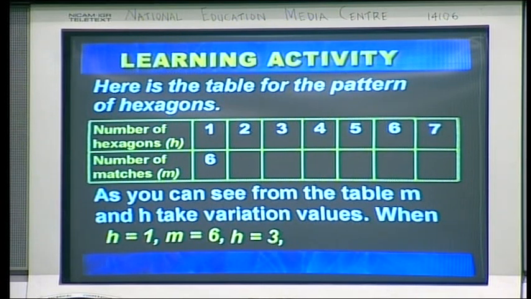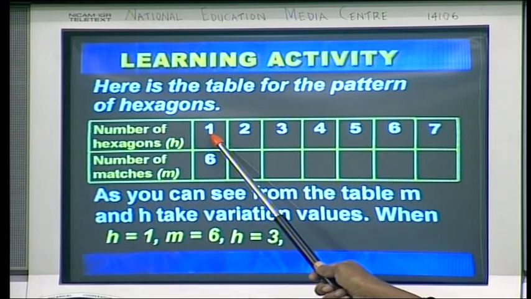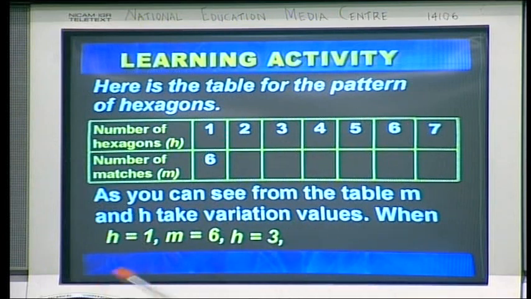As you can see from the table, M and H take varying values. They represent numbers. Okay, when H is 1, hexagon is 1, M would be 6. How about if I have 3 hexagons? If I were to form 3 hexagons? Okay, very good.